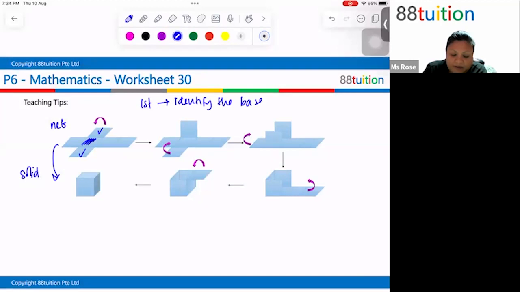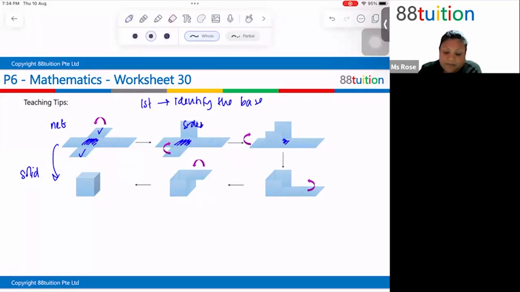This is the base, and these are the sides. Bring the sides up.